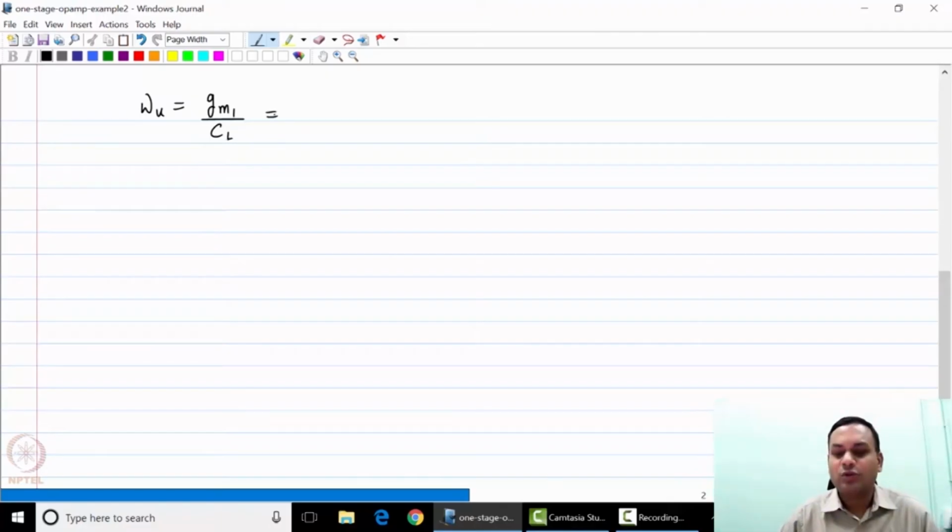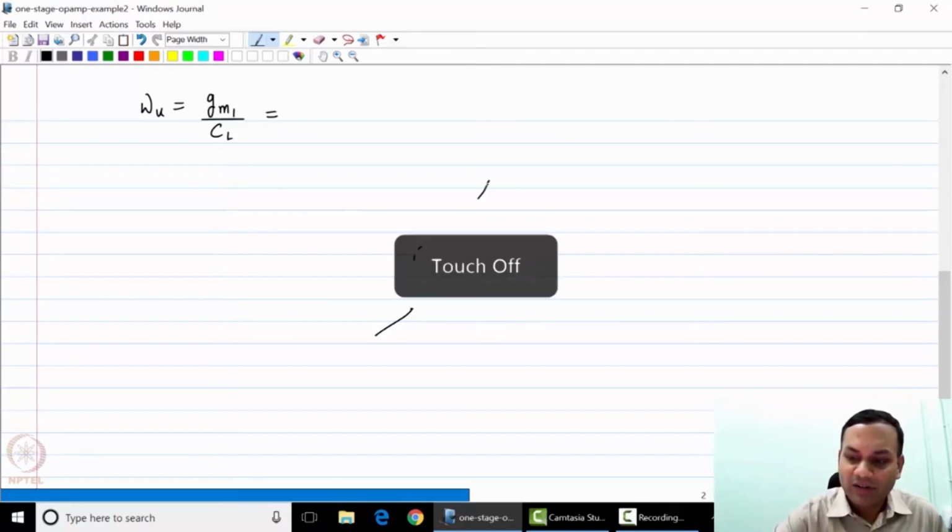So this should be equal to 10 megaradians per second.